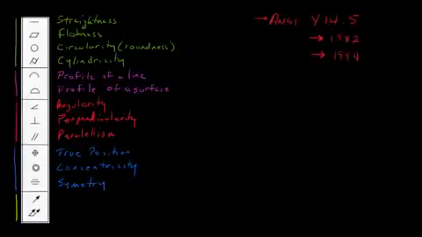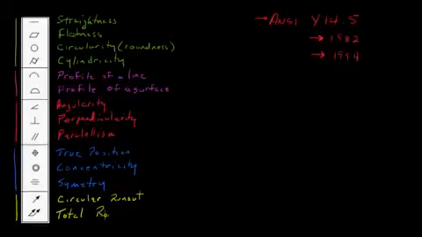And the last group has two symbols, and the first is circular runout, and the last one is total runout. Now, we call this family of tolerances runout. Seems obvious enough.